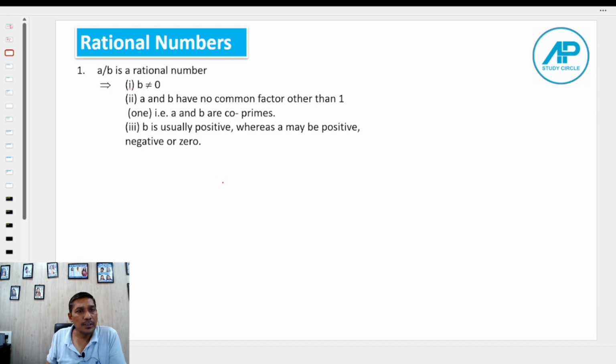A upon b is a rational number if b is not equal to 0.